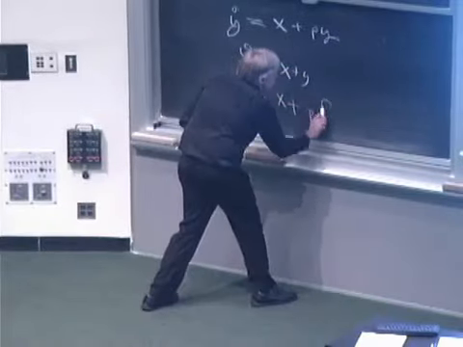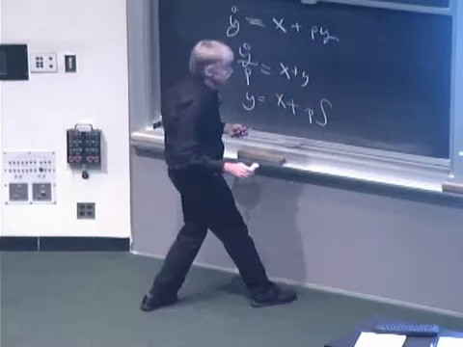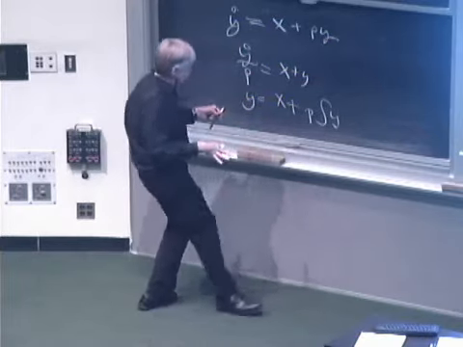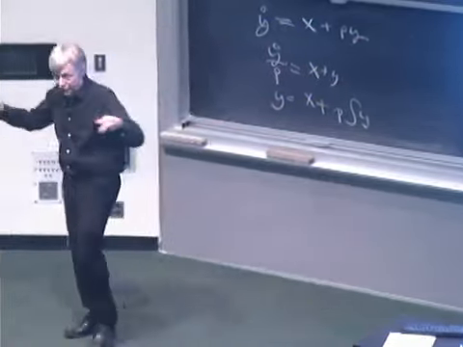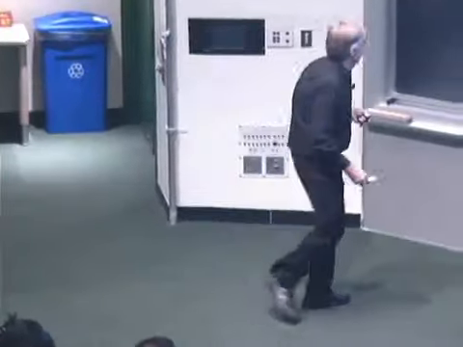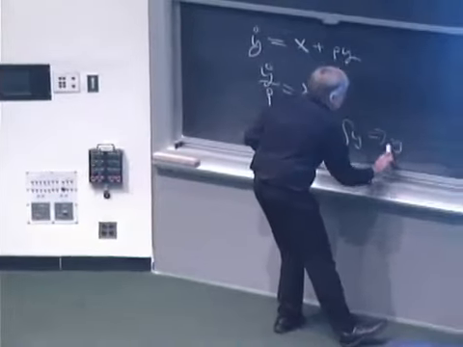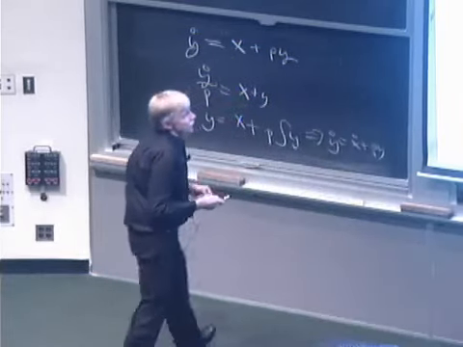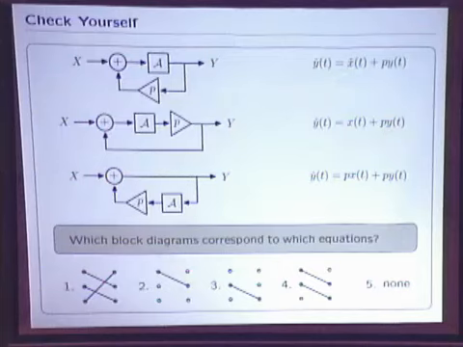P times the integral of y, right? And I'd like to write that in a differential form so I could differentiate term by term to say that that's the same thing as y dot is x dot plus py. So y dot is x dot plus py, so there's correspondence that way, so the answer is 1.